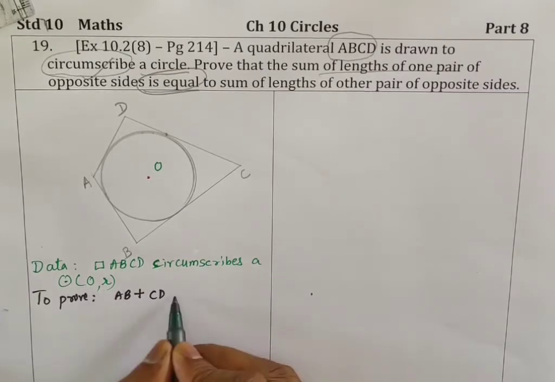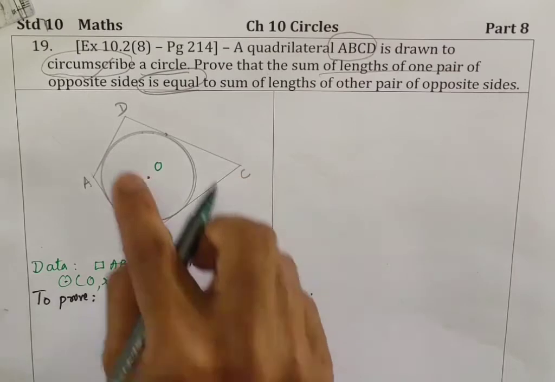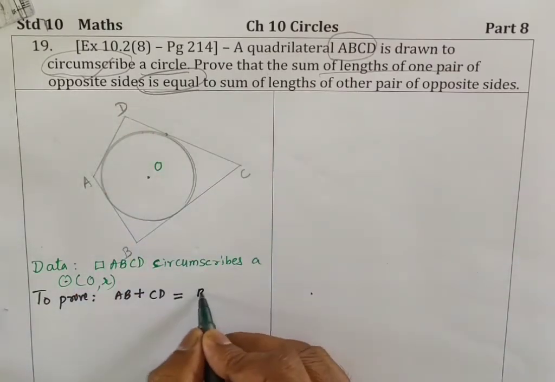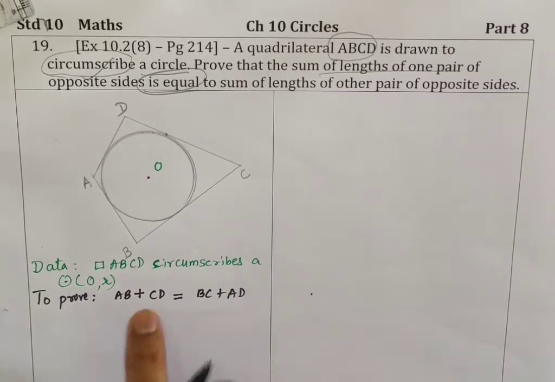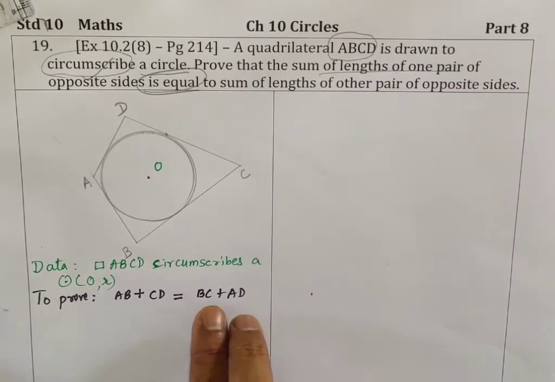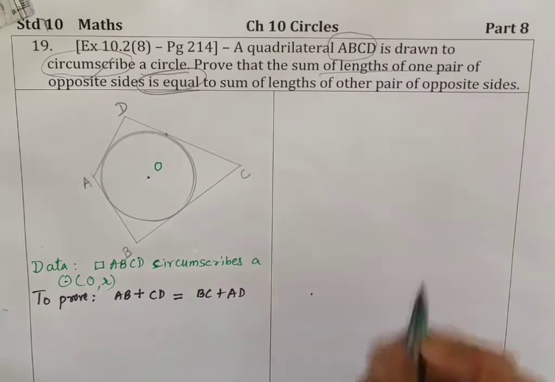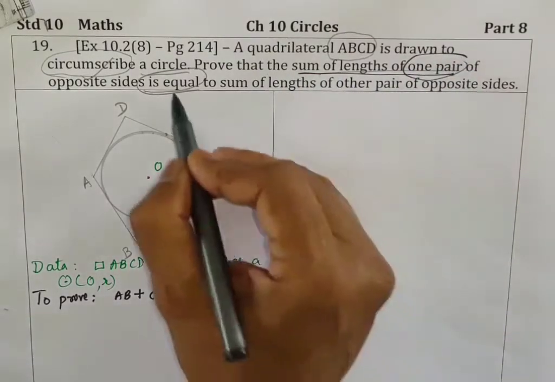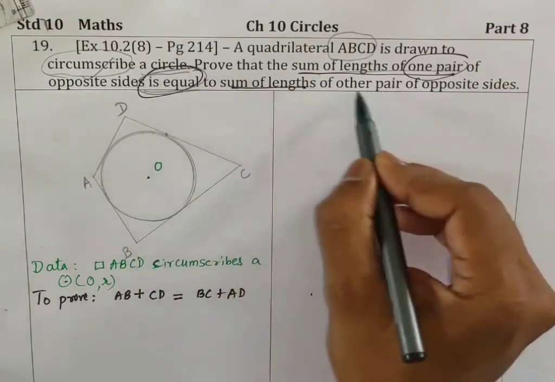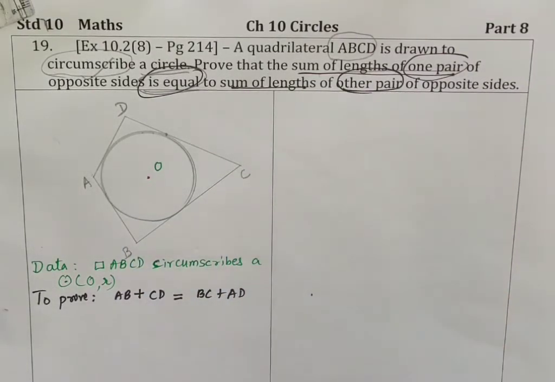Sum of length, so total, is equal to BC and AD, that is the second pair of opposite side. So sum of length of one pair of opposite side is equal to sum of lengths of other pair. This is what we are supposed to prove.